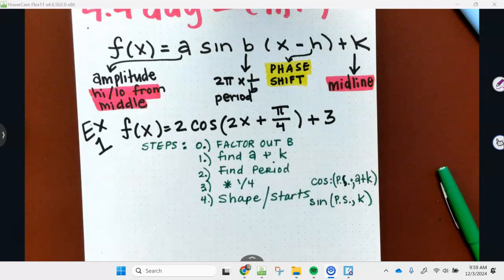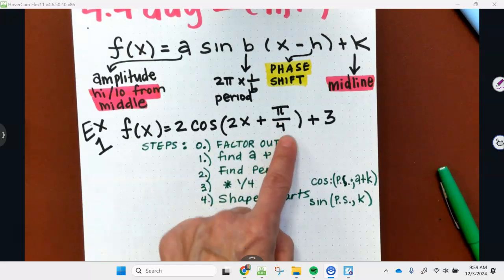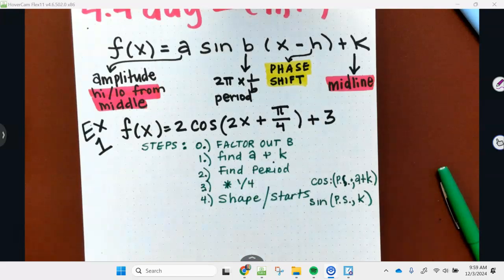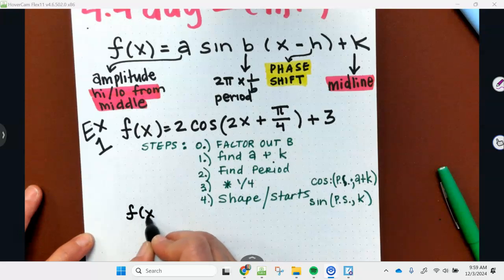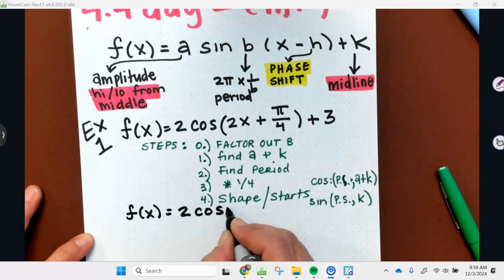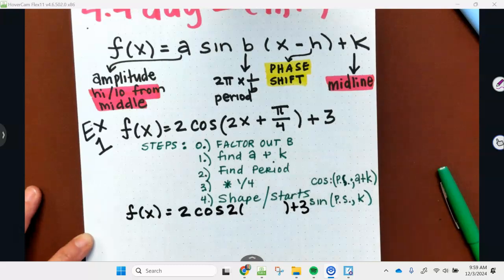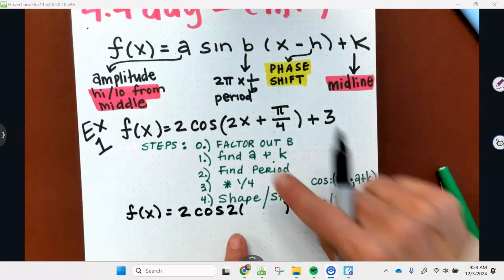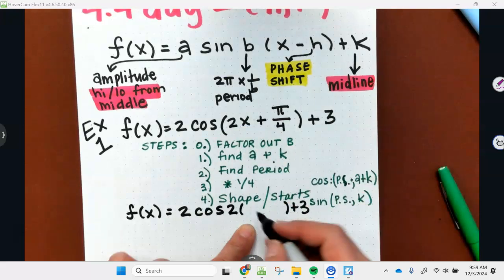All right, step 0. We cannot do anything until we get that 2 out of there, because that's not the phase shift. The phase shift is hiding. It is not pi over 4. So let's go ahead and factor that b. I'm going to recopy the first half of this equation. I'm going to take that 2 out. 2 divided by 2, or I can multiply by the reciprocal. 2 times 1/2 is 1.